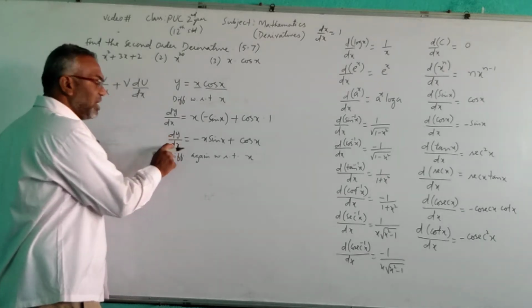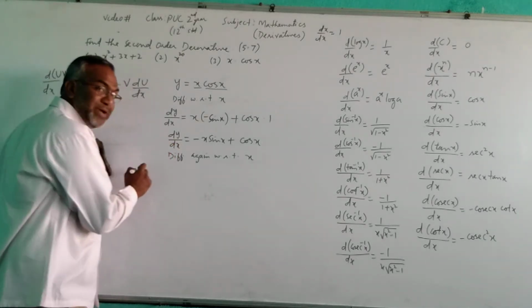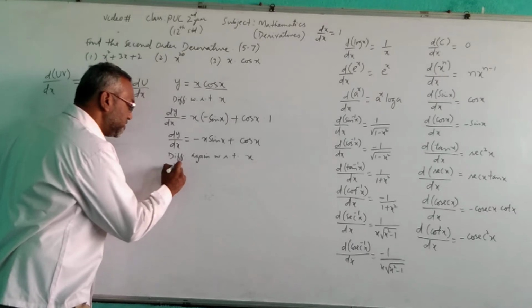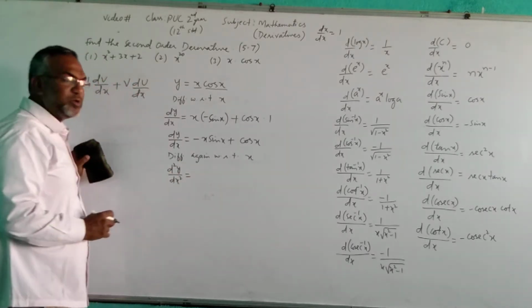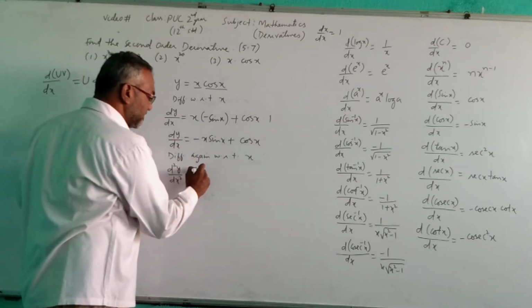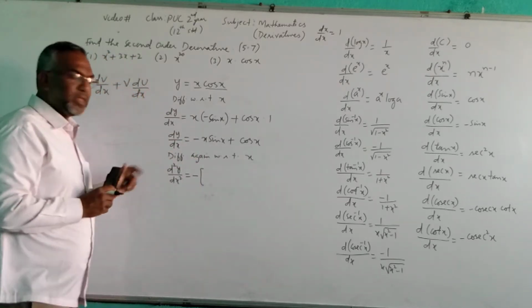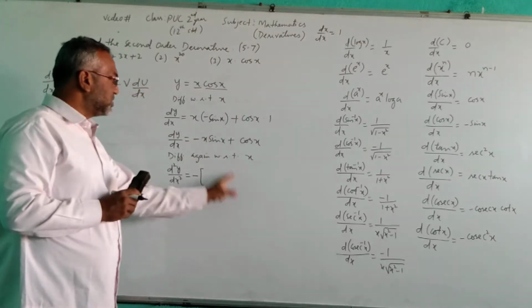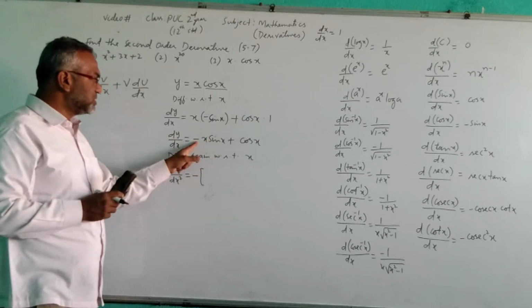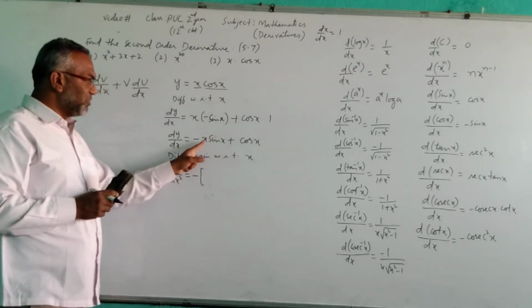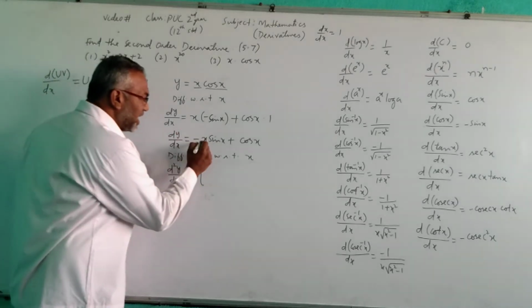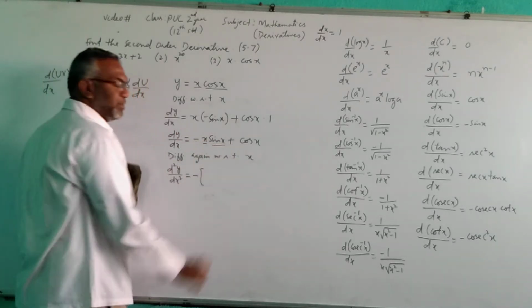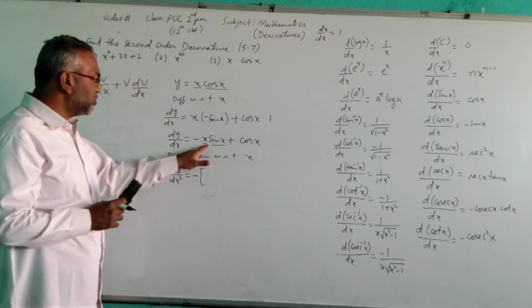So when we differentiate dy by dx again with respect to x, it becomes d2y by dx square. So that will be equal to, keep this minus sign as it is. It will be applicable to all the terms when we differentiate this, right? But here again we have u into v.